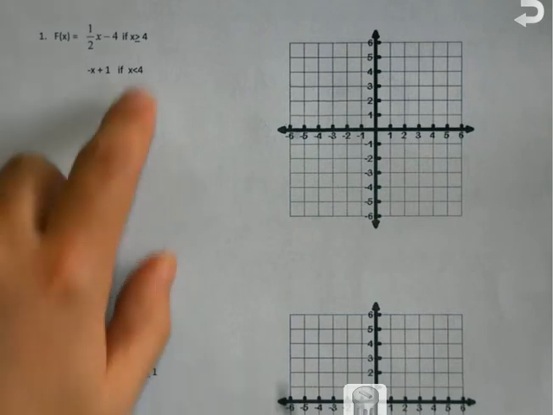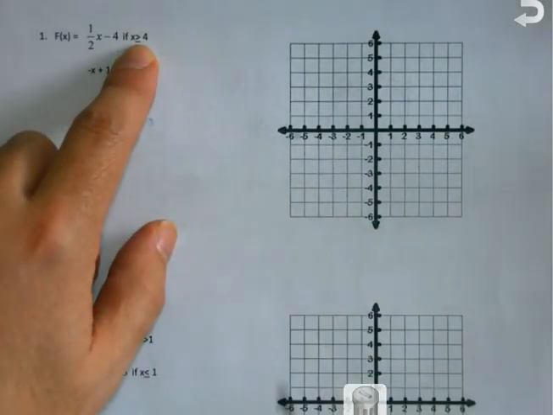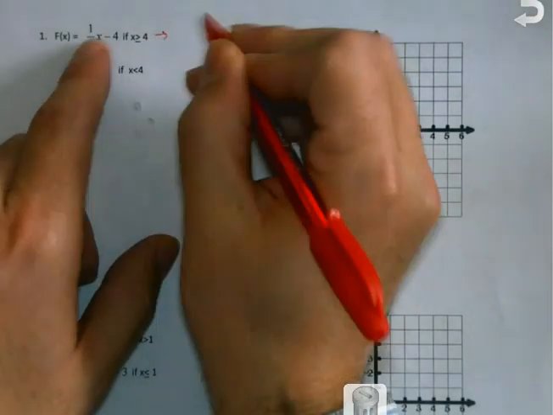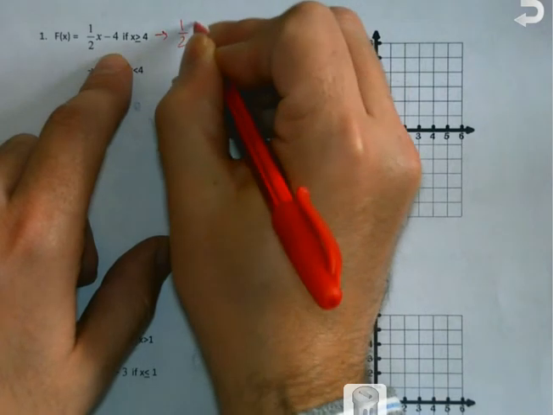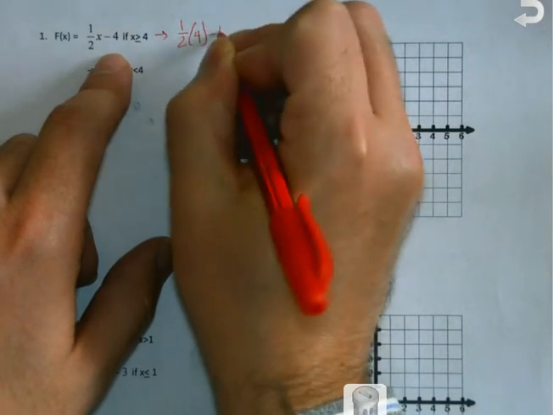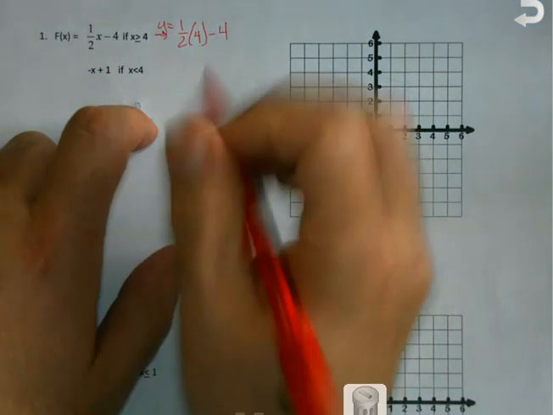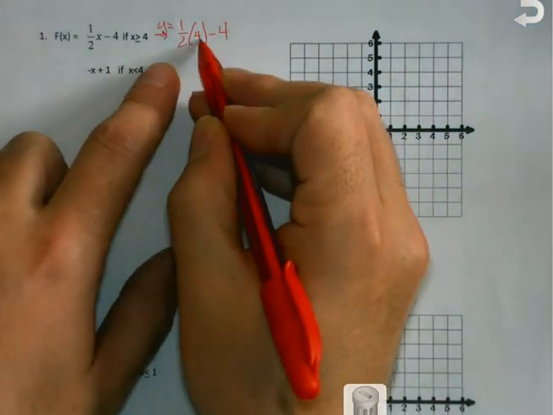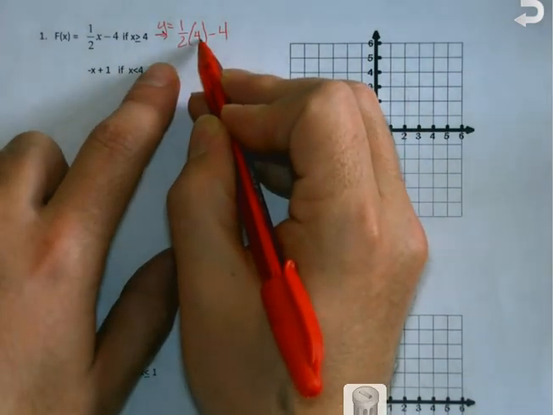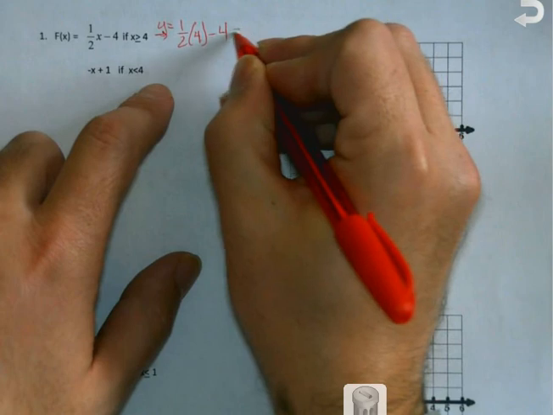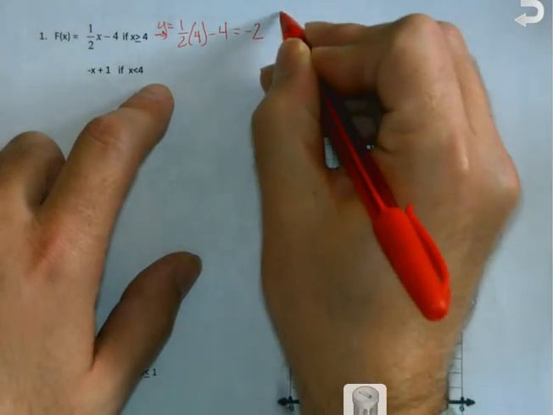So I get to the back. I say, okay, x is greater than or equal to 4. I'm plugging a 4 in here. Half of 4 is 2, minus 4 is negative 2.